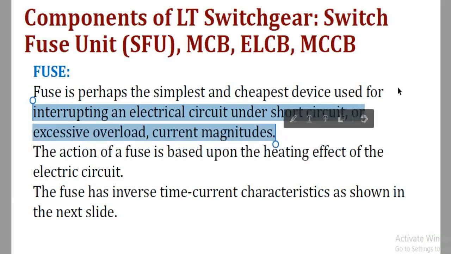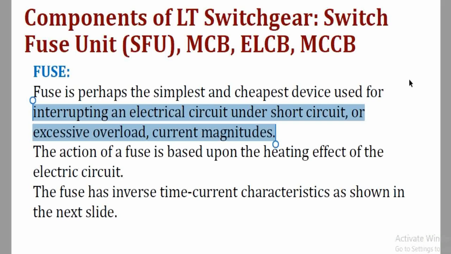This is a very important application. Fuse is the primary protecting device in any electrical circuit. We obviously come across fuses in our daily life; every domestic supply is passed to the load through a fuse.